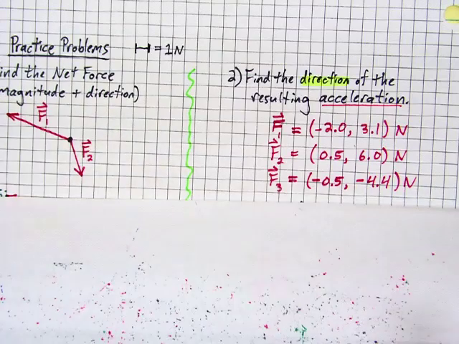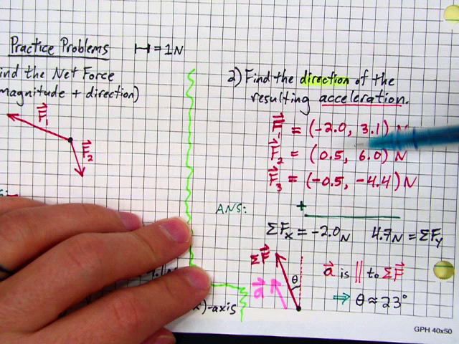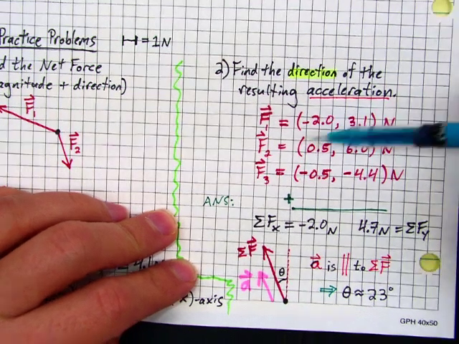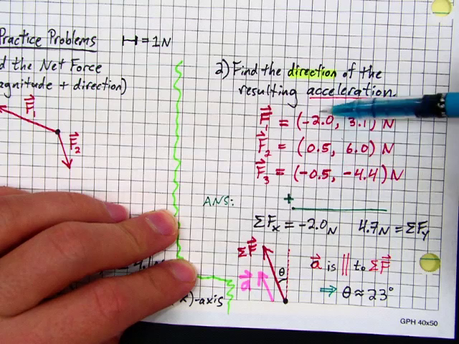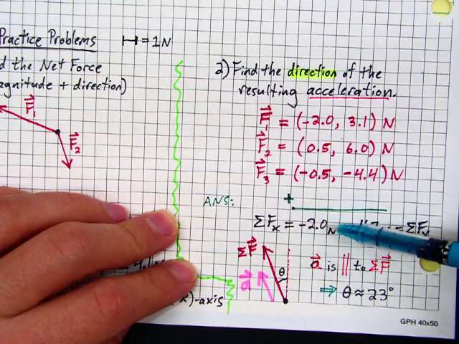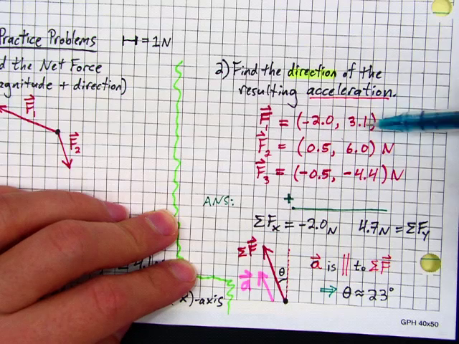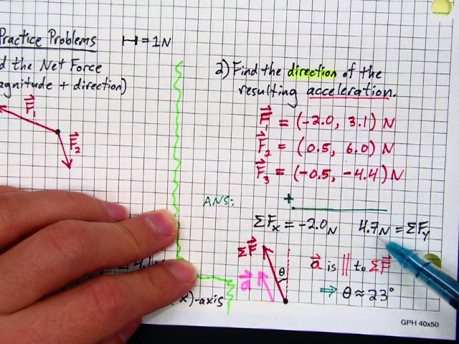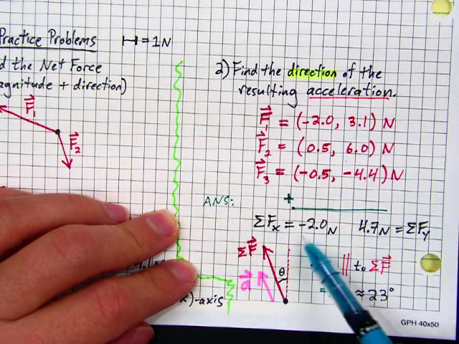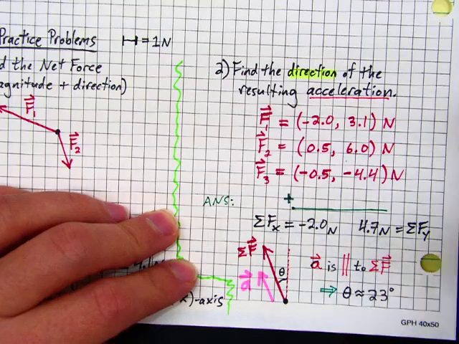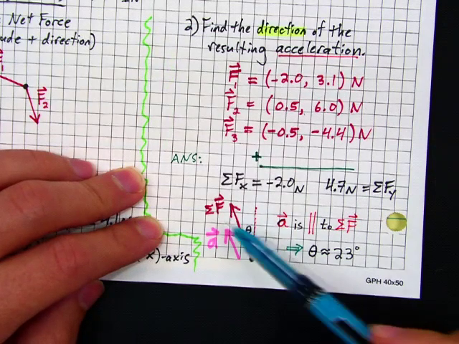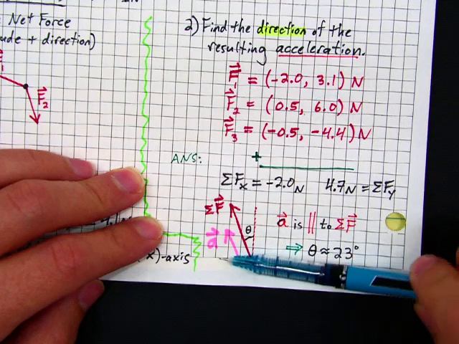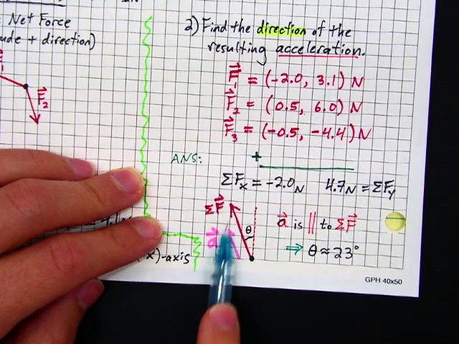Ready? Here's the result. To add forces numerically, we add up the x components. The sum of these 3 here gives us minus 2 newtons in the x direction. The sum of these 3 here gives us about 4.7 newtons in the y direction. So those are the x and y components of the net force. I want to draw that net force, minus 2 in the x direction, plus 4.7 in the y direction.